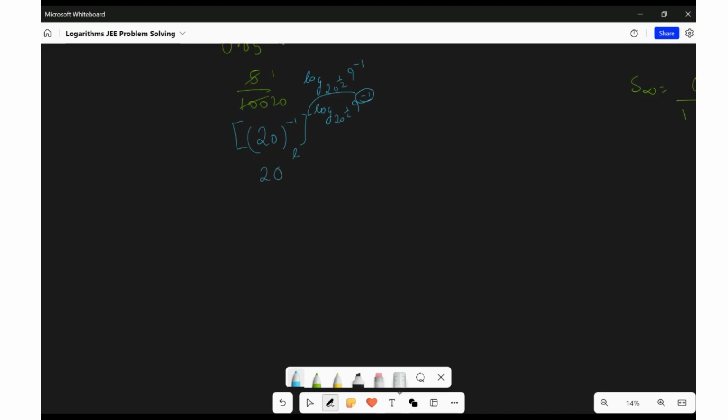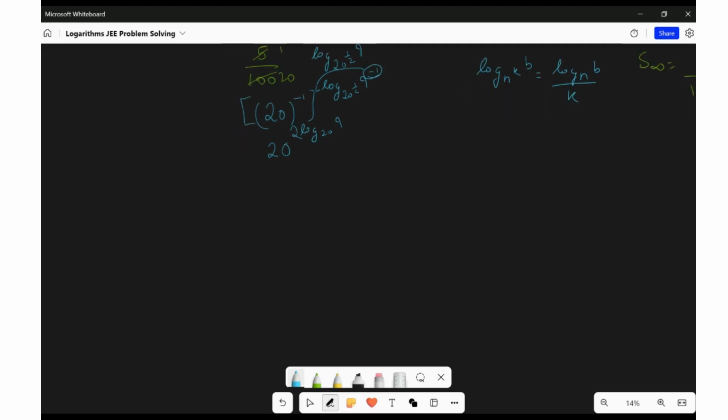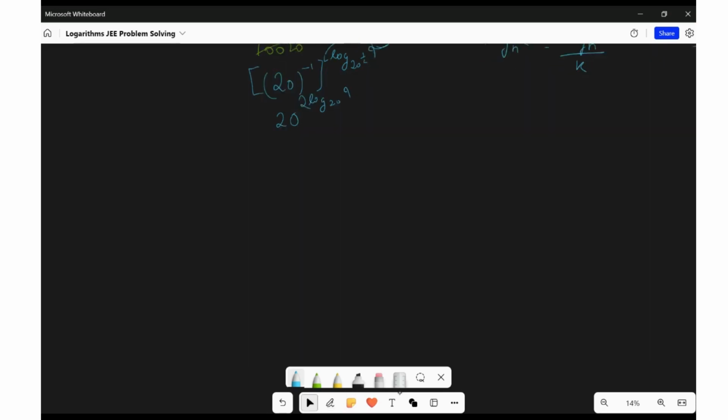So 20 to the power log 9 base 20 into 2. Now using that theorem which we are using repeatedly in almost all the questions, log b to the base n to the power k is log b to the base n by k. So that's how we divided by half and got 2 log 9 base 20.